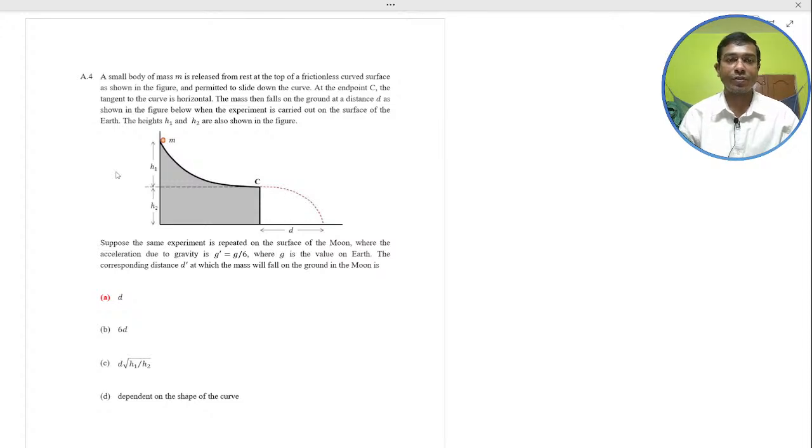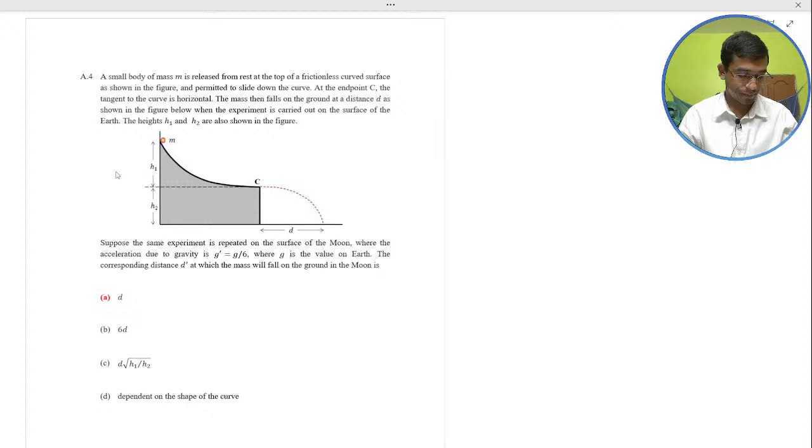The heights h1 and h2 are also shown. Suppose the same experiment is repeated on the surface of the moon, where the acceleration due to gravity g dash equals g by 6, where g is the value on earth. The corresponding distance d dash at which the mass will fall on the ground on the moon is what? Very important conceptual question.